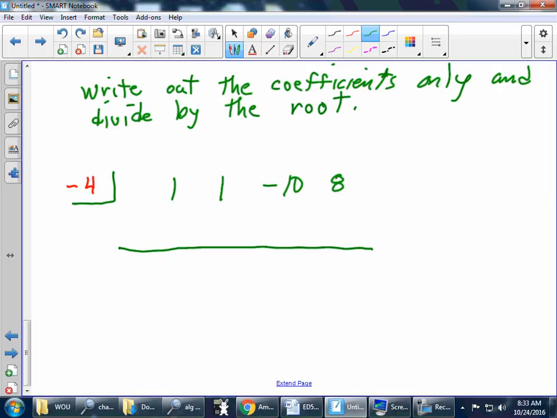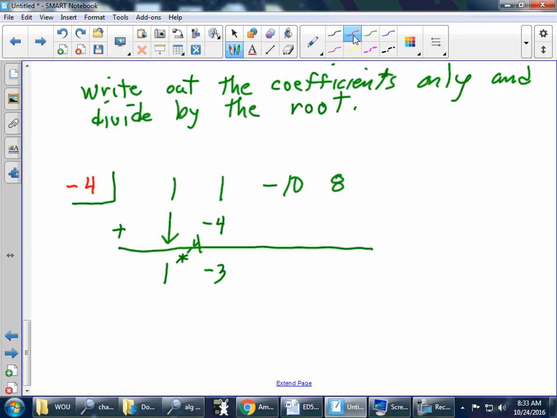Okay, I start off by bringing down the 1. I multiply times negative 4. Equals negative 4. I add. What's 1 plus negative 4? I get negative 3.